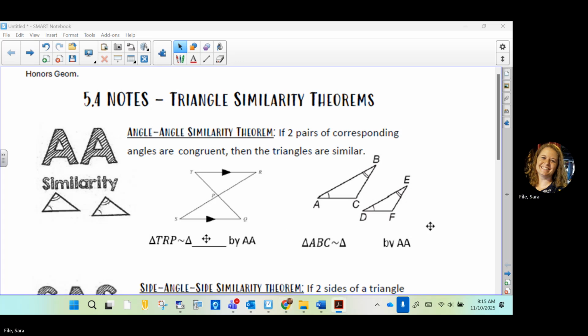Now, sometimes triangles are drawn side by side in the same orientation, and it's easy to see which angles are supposed to be corresponding. For instance, this example on the right side, triangle ABC and DEF. Notice I said ABC in alphabetical order, and that went from the 1 arc to the 2 arcs to the no arc.